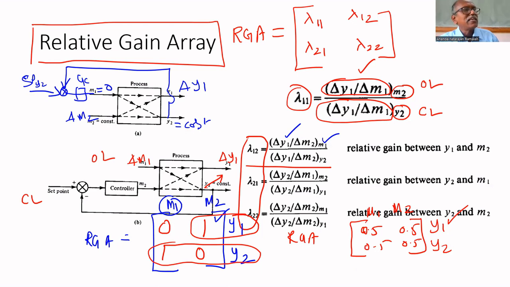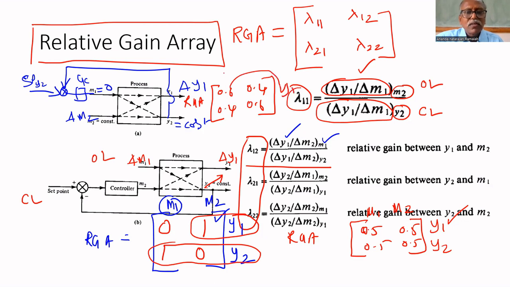The interaction is an equal amount. Suppose I have an RGA like this, 0.6, 0.4, 0.4, 0.6, let us assume. In that case, m1 has a direct impact on y1 and less effect by m2. That's why we have to use m1 to control y1, but it has interaction.